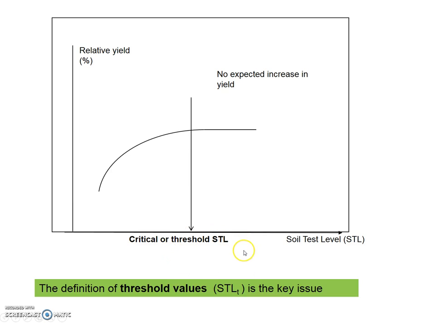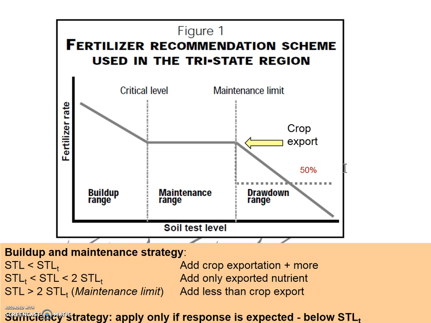So for this method to work, the calculation of the threshold values for phosphorus or potassium is the key issue. Once we know the threshold values, we can apply two different strategies. One strategy is the so-called build-up and maintenance, and the other is the so-called sufficiency strategy.